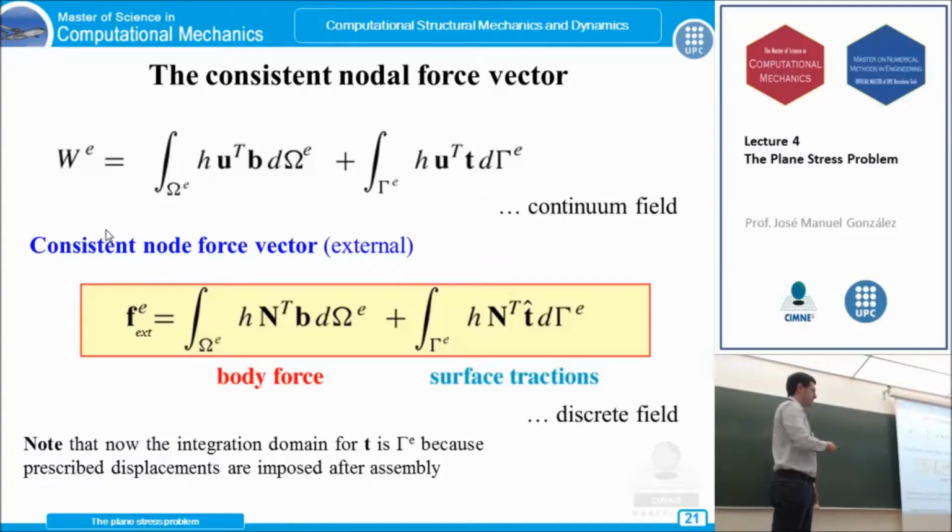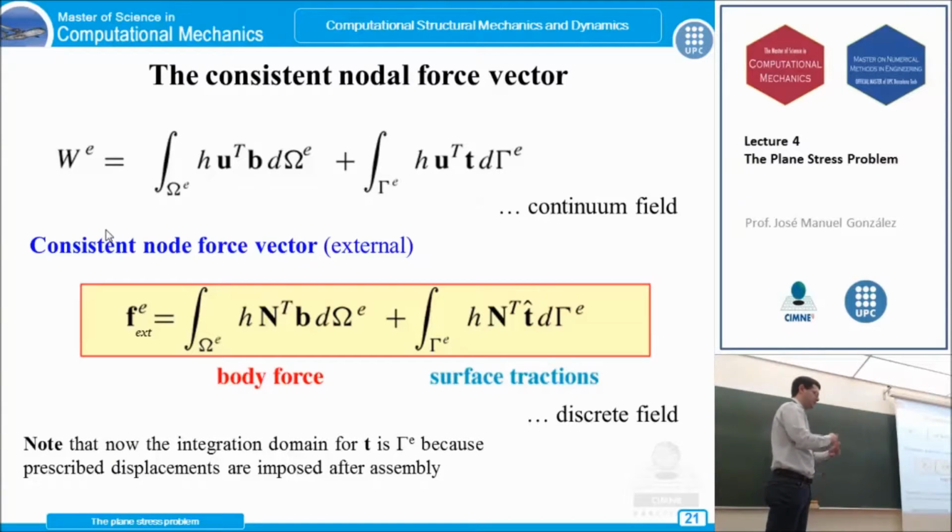Remember that these body forces are applied in the body all over the domain, while the surface tractions are applied in the boundary. Now we are talking about the boundary of an element. So this is a bit different because it's not the boundary of the plate, it's the boundary of the element. So now we have to consider the forces between elements as surface tractions acting over this element.